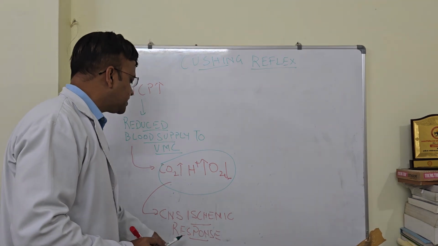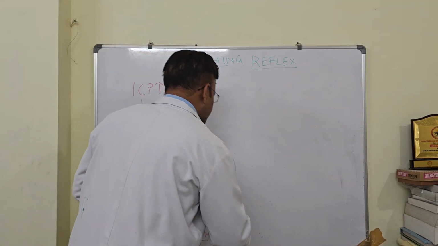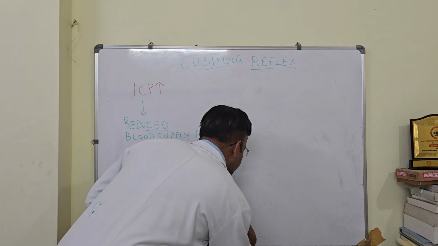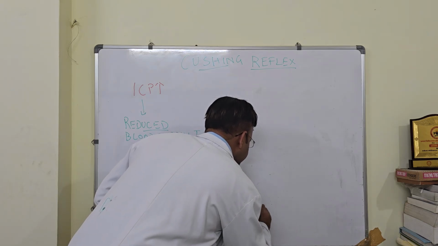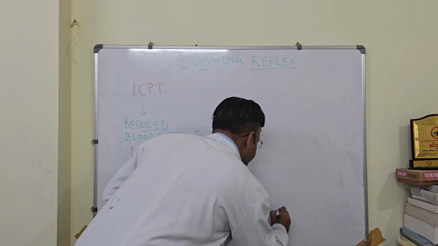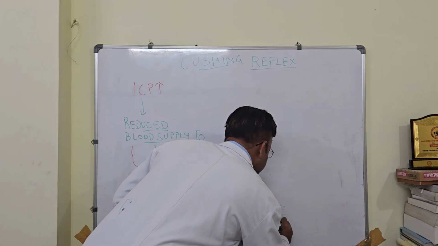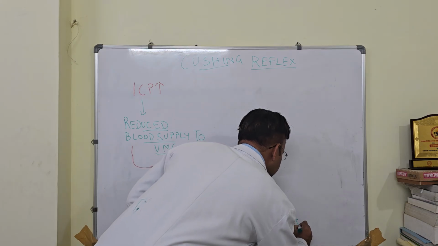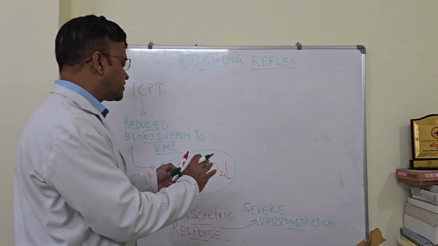So when CNS ischemic response gets triggered, what it leads to? It leads to severe vasoconstriction all over the body, right? It will lead to severe vasoconstriction all over the body.